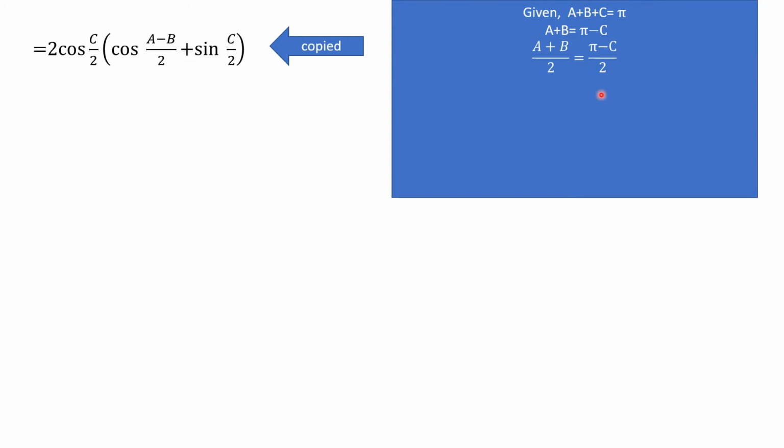After this, we will operate cos on both the sides. After this, pi minus C over 2, we will split LCM over here to get pi by 2 minus C by 2, and we know pi by 2 is 90. So cos 90 minus C by 2 is sin C by 2. Isn't that? So sin C by 2 is cos A plus B by 2.